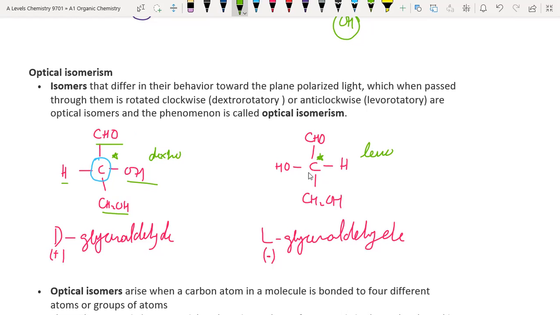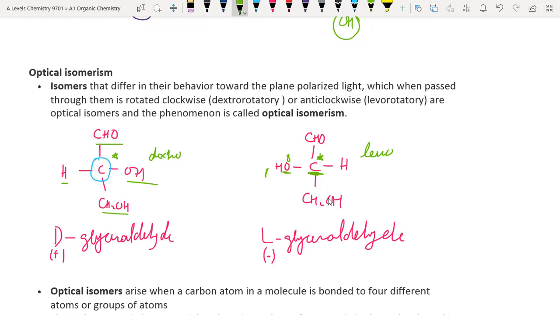Let's suppose this carbon is bonded to 4 different groups. Which group has the higher atomic number atom that is directly attached to this carbon? This is oxygen. Oxygen's atomic number is 8. So it would be given as 1.